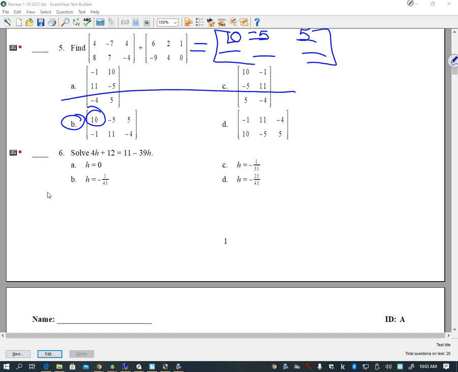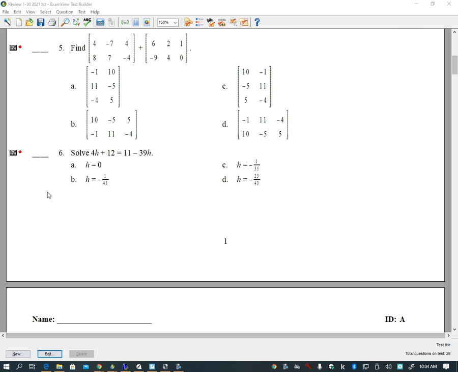And I don't want just this, right? You're showing me that you know how to add 2 numbers, right? Because I want to see that you know which numbers to add. 8 plus negative 9. Negative 1. 7 plus 4. 11. Negative 4 plus 0. Negative 4. Okay? You guys can do that? Great. So far, it seems like kind of an easy test, right?